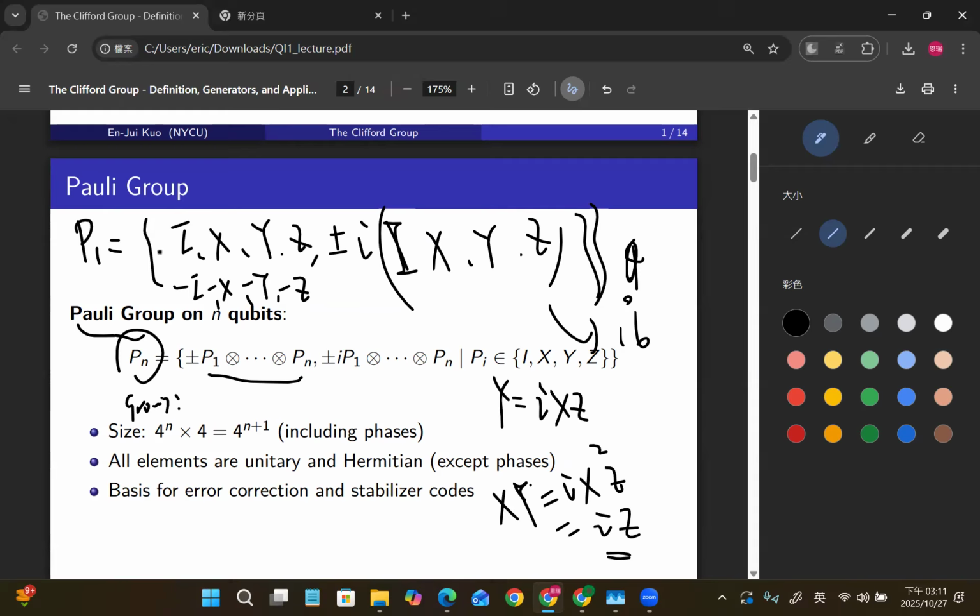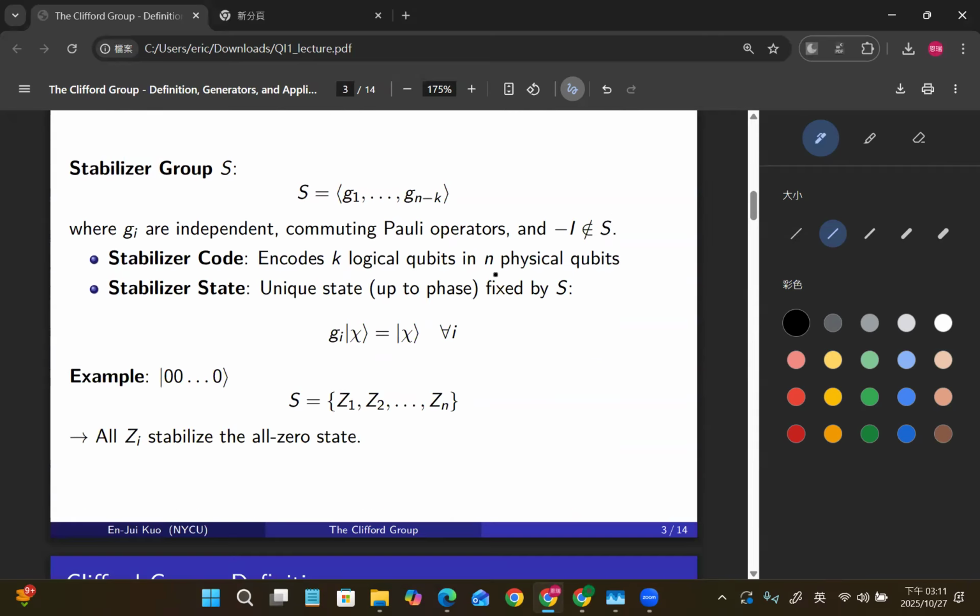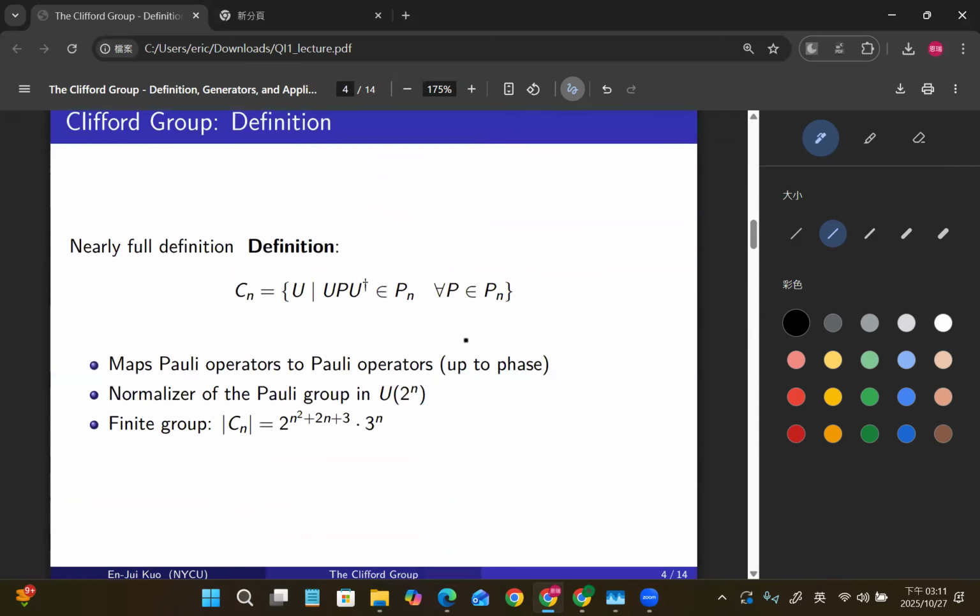That means this forms a group. You can check by yourself. Their size is 4 to the n times 4, which is 4 to the n plus 1, including the phase. And all the elements are either unitary or Hermitian except for the phase. If you don't care about phase, that's fine. And this is basic for error correction and stabilizer codes that I will not explain here, but we will see in future lectures. So I will skip here.